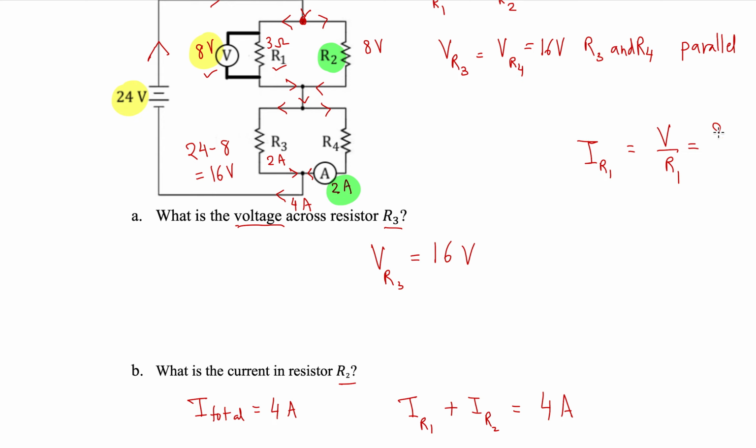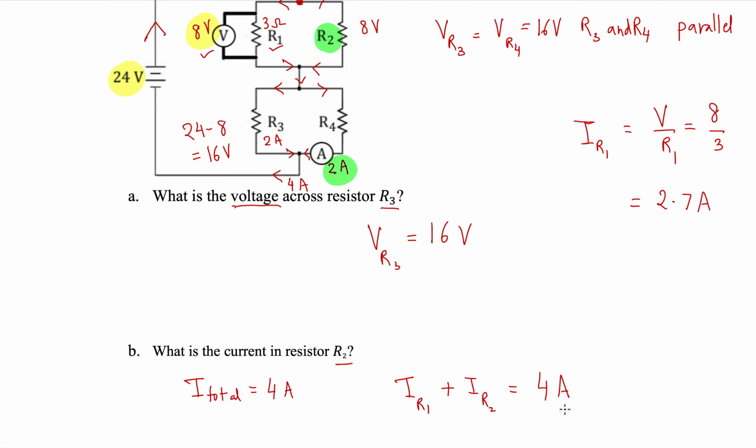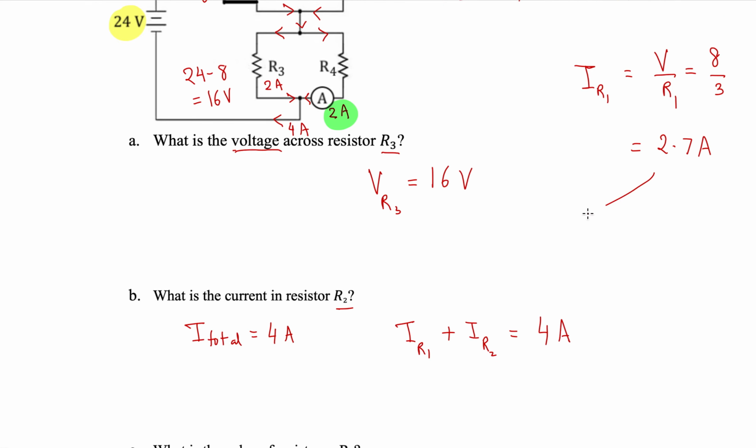Voltage is 8, R1 is 3, and that gives 8 over 3, which is 2.66 and keeps repeating, so we'll write it as 2.7 amperes. Putting it in this equation: 2.7 plus the current in R2 is equal to 4, which is the total current.